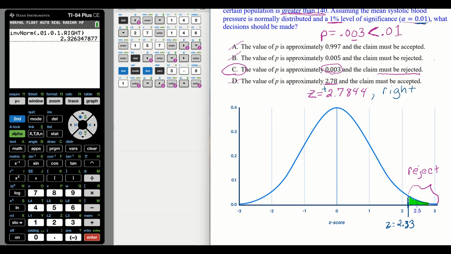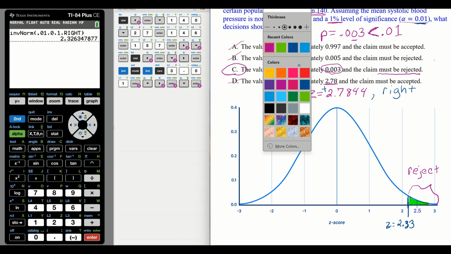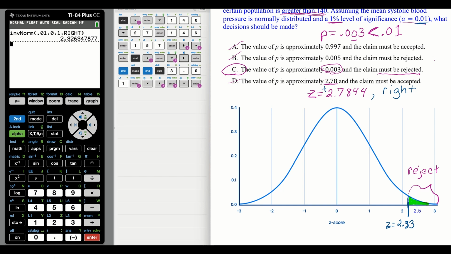Where was our true z-score? Our true score was somewhere over here, closer to 3.